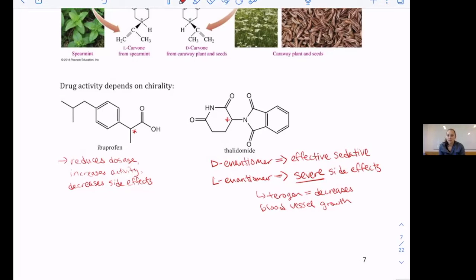So this is a drug molecule that, I believe it was 1958, was approved to be used as a variety of different things, specifically a sedative. It just kind of helped in general reduce pain and everything like that. It had been originally put on market for a variety of different things.